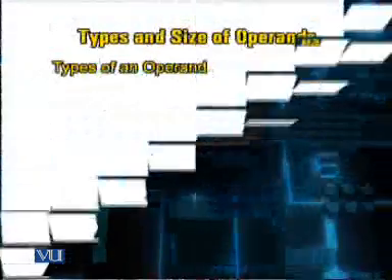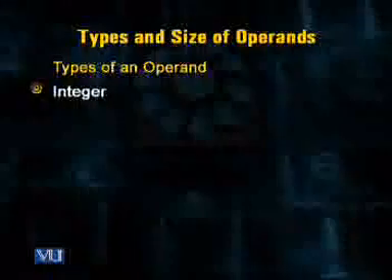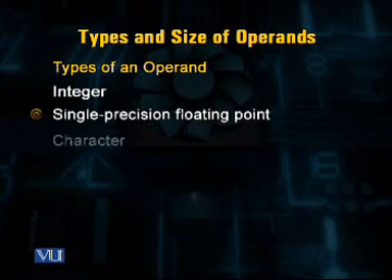types of operands which are being used in the computer architecture or in the computer design. Basically, there are three different types of operand which are commonly used, namely the integer type, the single precision floating point, and the character type. Now, these different types of operands can be defined by different sizes of bit patterns.